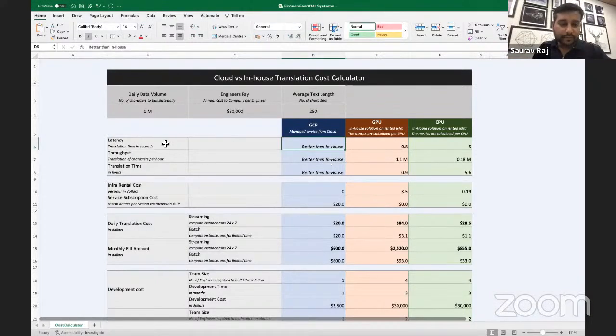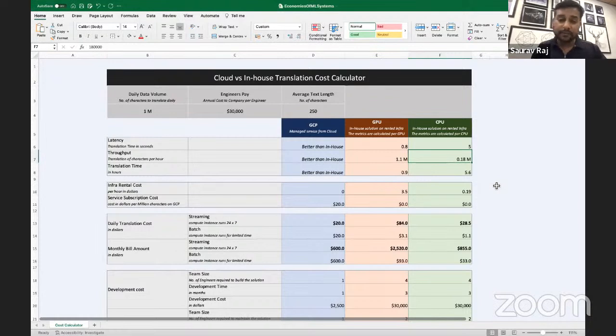With that latency, the throughput that we are getting is 1.1 million characters per hour. This simply means that we would be able to process 1.1 million characters in 1 hour with the GPU that we have. With the CPU infrastructure, we will be able to process 180,000 characters, or 0.18 million characters, in-house.